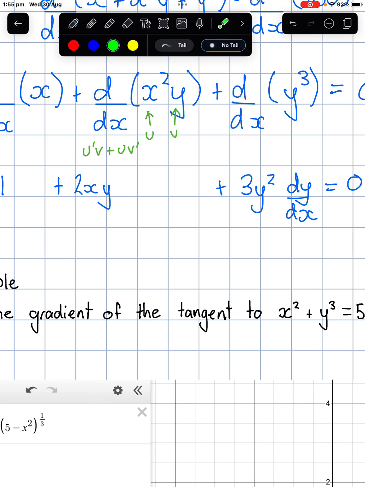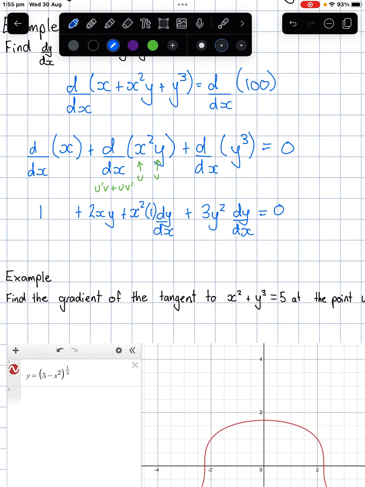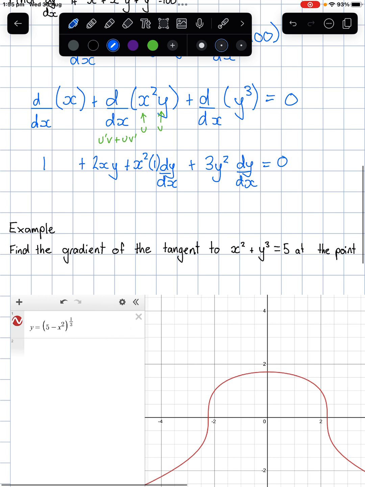Because we took the derivative of x here, and we're going in terms of x, we don't put a dy dx there. Then we go plus, for the product rule, x squared, and the derivative of y is 1, but because we've taken the derivative of y, we also have to leave the dy dx there. Okay, so we've now got our function here.